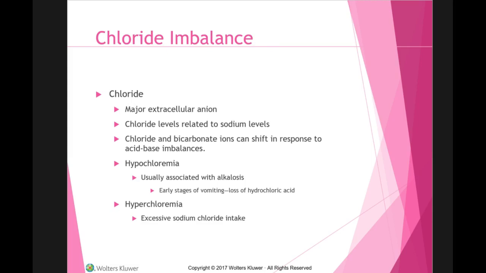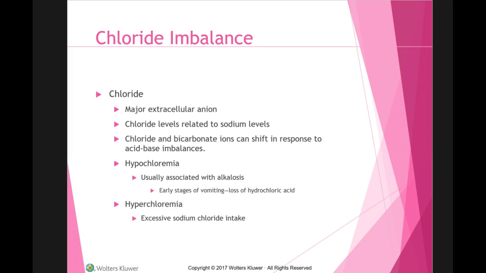Chloride is the major extracellular anion. It likes to stick with its buddy sodium because of the attraction between the electrical charges. And so if you have high sodium levels, you'll have high chloride levels.